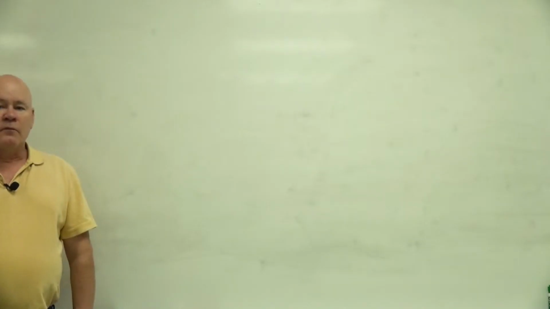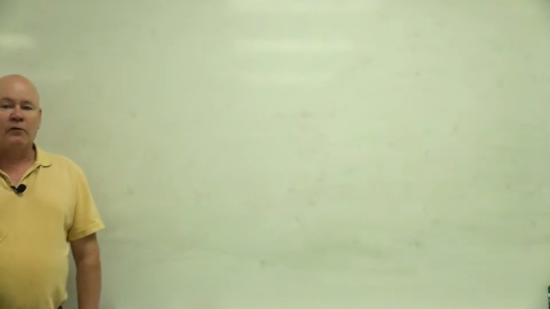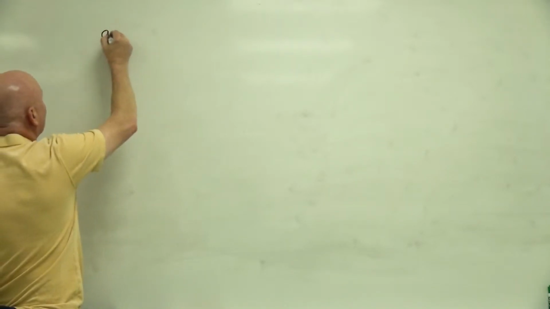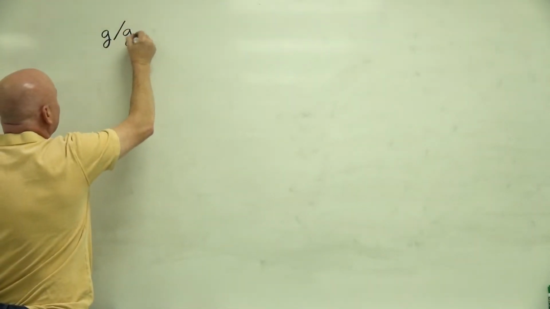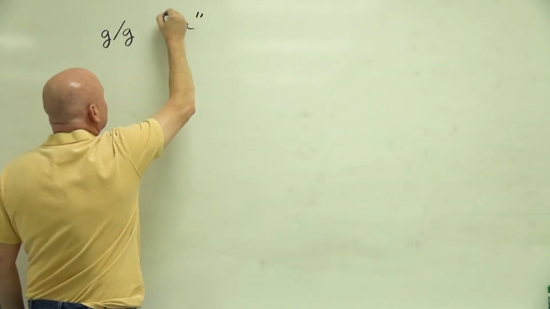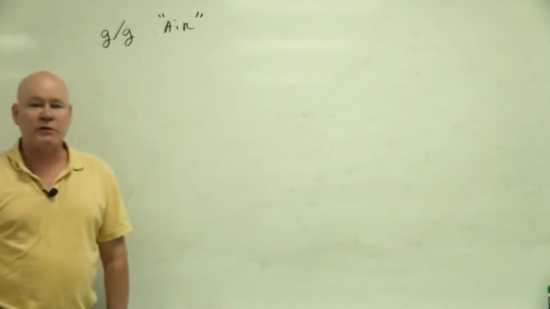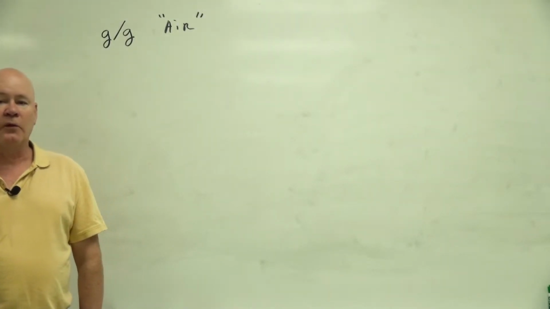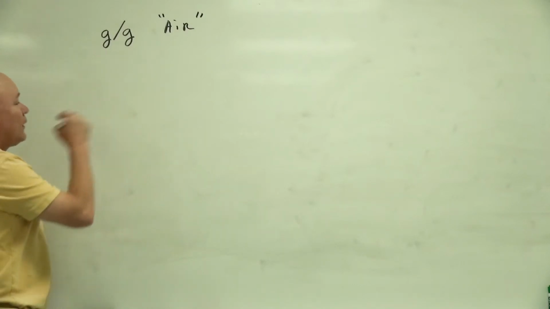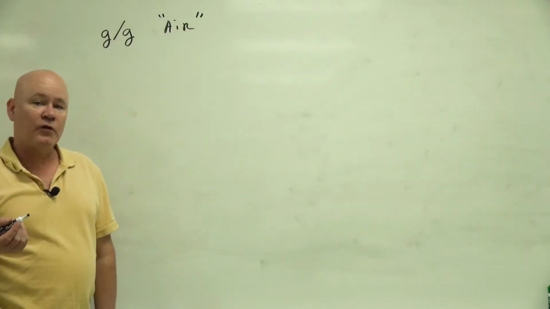So some examples of solutions. I just mentioned air. The very air you're breathing is a gas mixture. It's a mixture of nitrogen, oxygen, CO2, water vapor, and argon. Now we can have other kinds of homogeneous solutions as well.